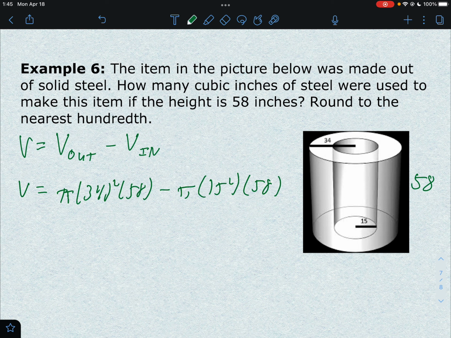So 34 squared times 58 times pi minus 15 squared times 58 times pi. And we should get an answer of approximately 169,639.72 cubic inches.